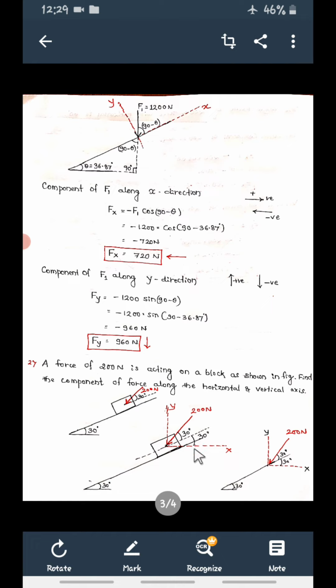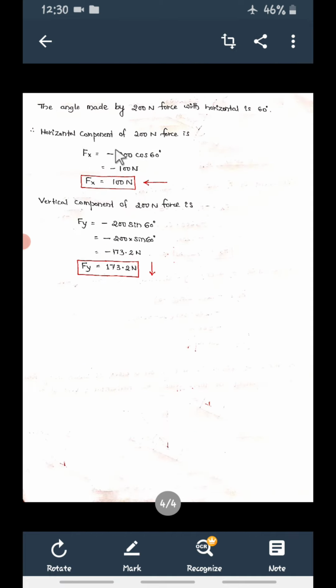The total angle is 60, not 30. But plus or minus? Now see, when you make this 200 horizontal, it will move in this direction, which means it is minus 200 cos 60. Minus 200 cos 60 means minus 100.